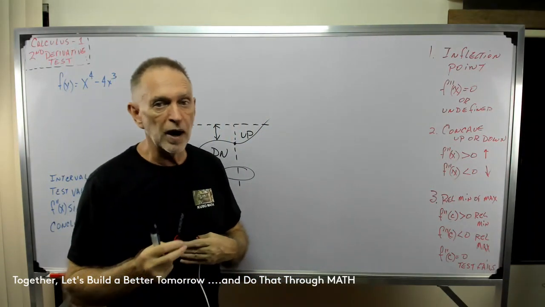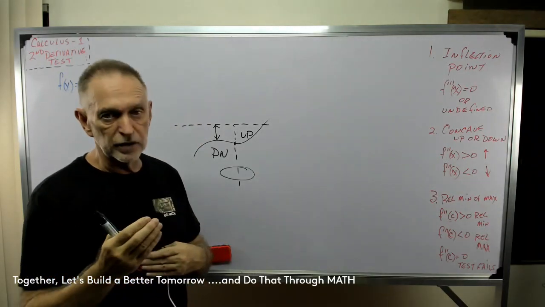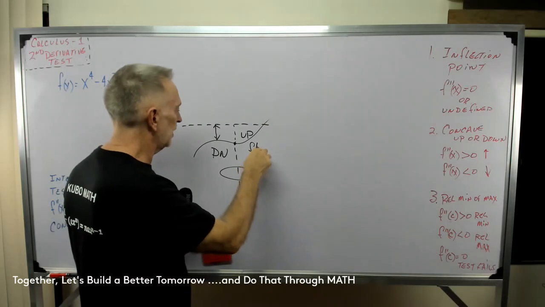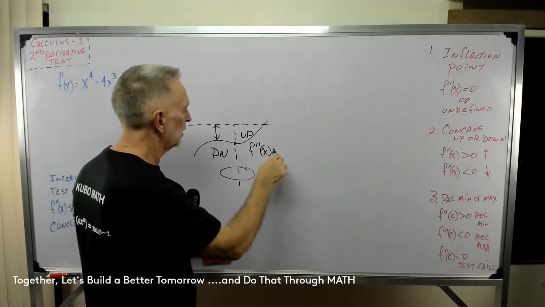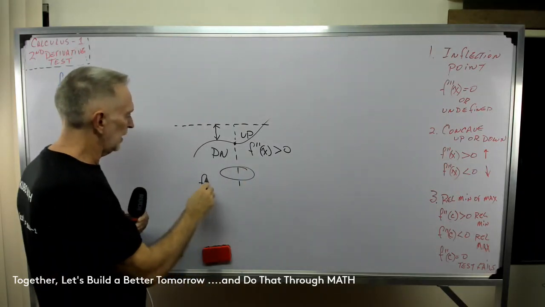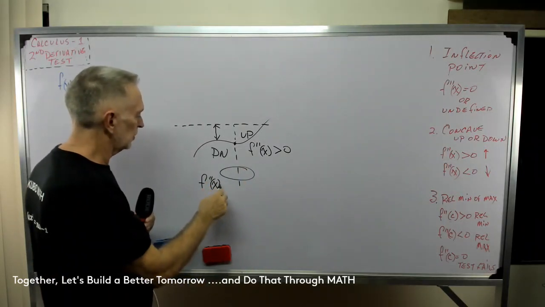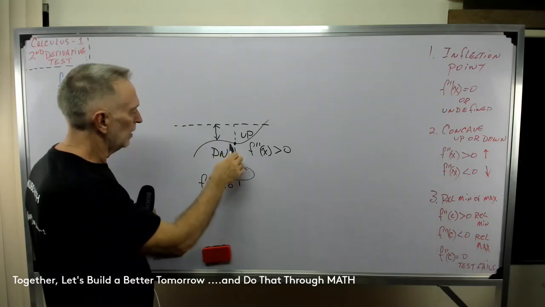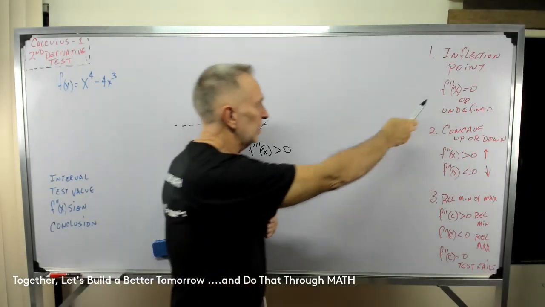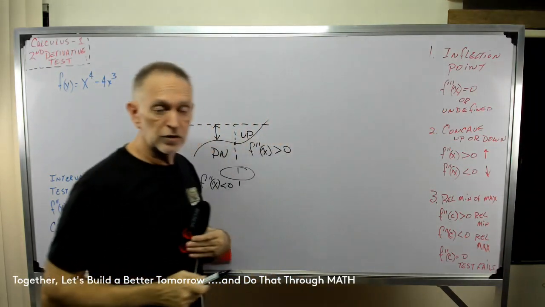If f double prime of x is greater than 0, it's concave upward. So I would know in this case f double prime of x is greater than 0, it's positive. In this case, f double prime of x is less than 0. The value of x that I'm comparing it to would be the value that set it equal to 0.